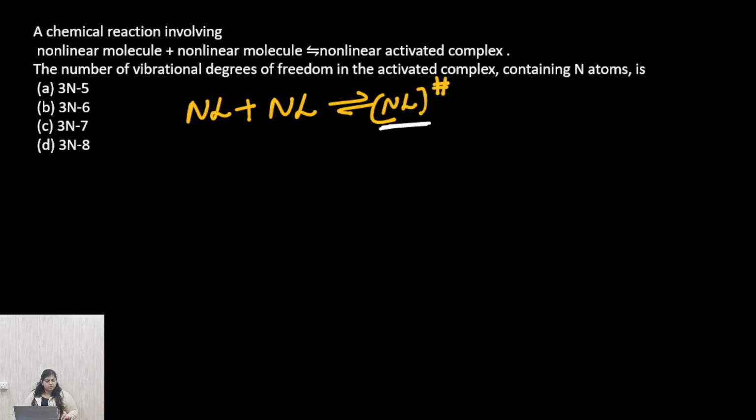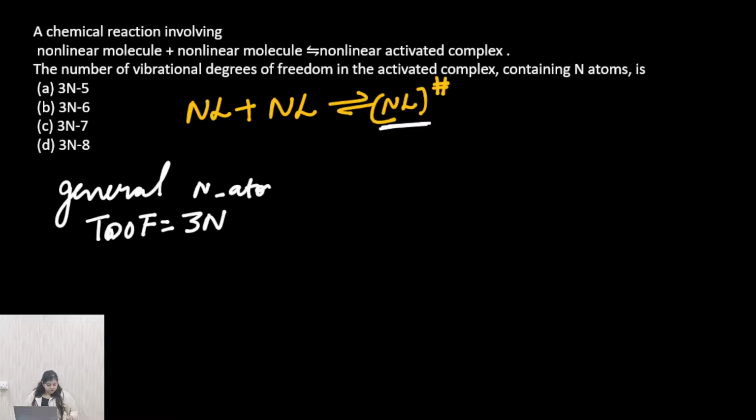In general, what we write is that the total degrees of freedom is equal to 3n, where n is the atomicity. Out of these 3n, you have 3 translational degrees of freedom.